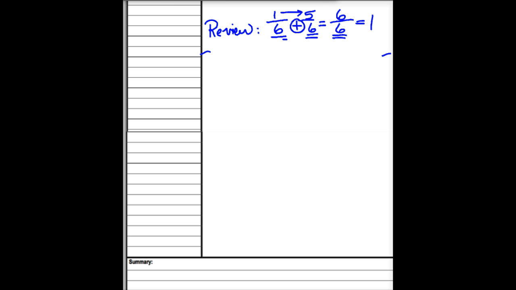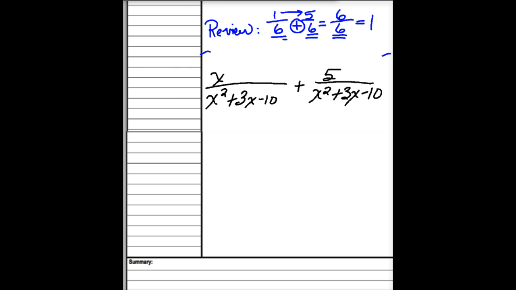The last one up is going to be x, I'm just making the denominators uglier, over x squared plus 3x minus 10, and that's plus 5 over x squared plus 3x minus 10.